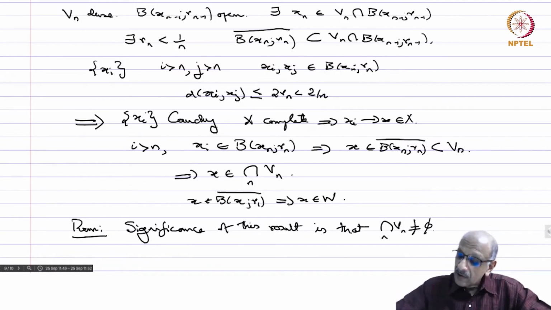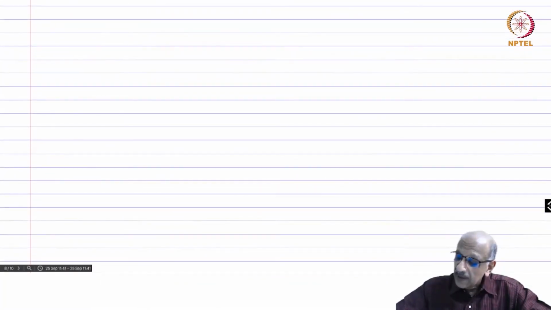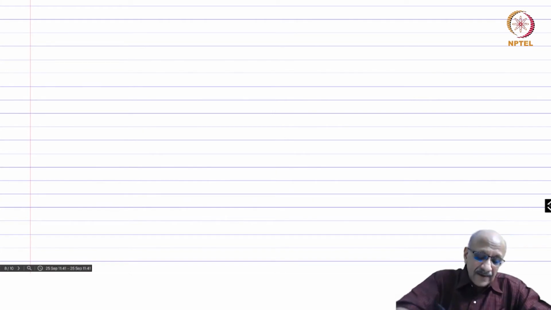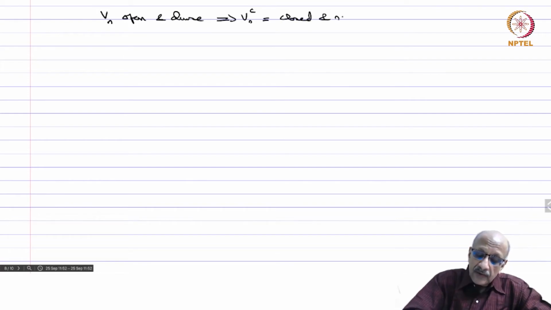Okay, and also you can state this theorem in a slightly different way. If V_n is open dense, then V_n complement is closed and nowhere dense.